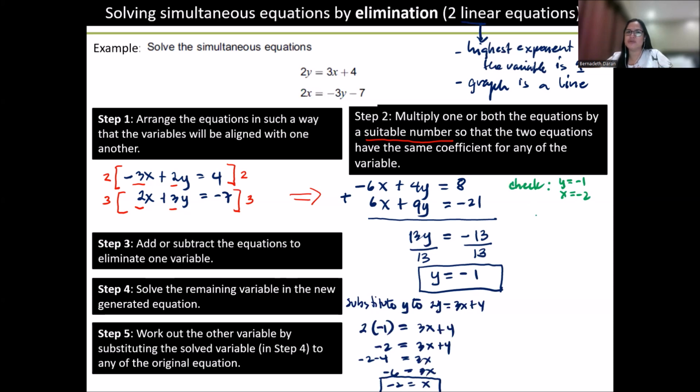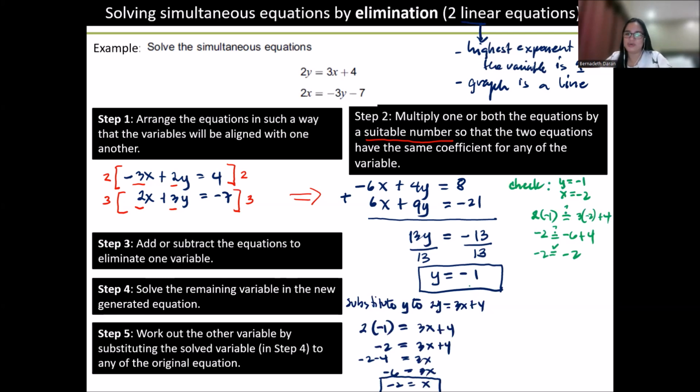So let's try the first one. We have 2 times negative 1. Is it equal to 3 times negative 2 plus 4? This is negative 2. Is it equal to negative 6 plus 4? So that's negative 2. Yes, it is equal to negative 2.